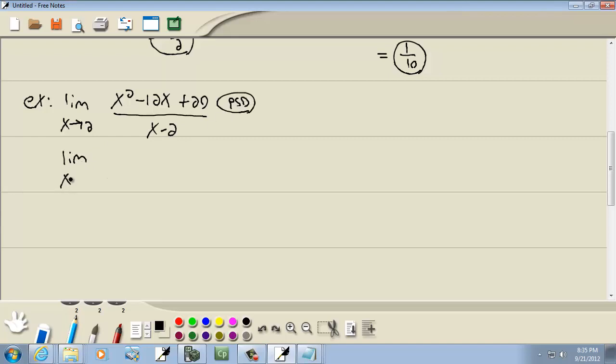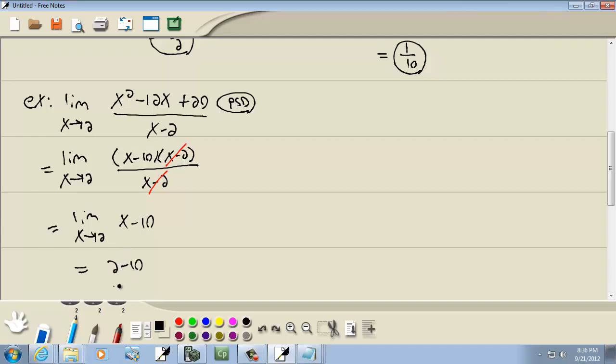So this becomes the limit as x goes to 2, and the top part factors as x minus 10 times x minus 2 over x minus 2. Now after I've factored, I see the x minus 2's will cancel, and we're left with the limit as x goes to 2 of x minus 10. Well, now we can plug the 2 in for the x.